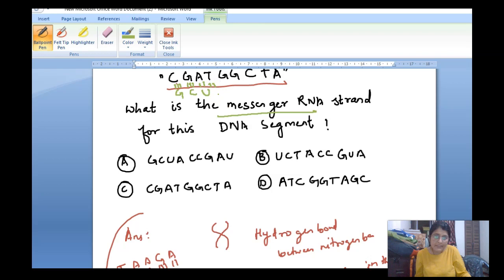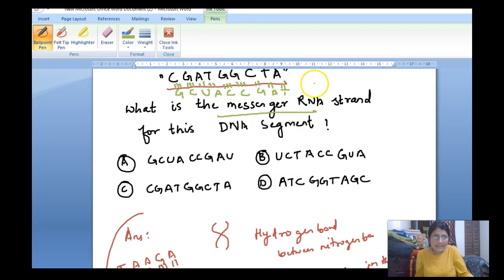Thymine will pair with adenine. Guanine will pair with cytosine. Guanine again will pair with cytosine. Cytosine will pair with guanine. Thymine will pair with adenine, and adenine will pair with thymine.